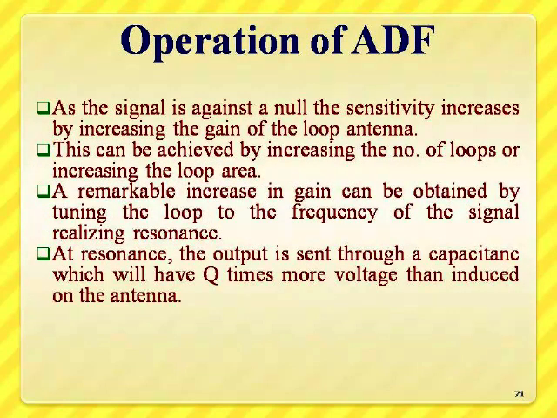This can be achieved by increasing the number of loops or increasing the loop area. A remarkable increase in gain can be obtained by tuning the loop to the frequency of the signal, realizing a resonance. At resonance, the output is sent through a capacitance which will have Q times more voltage than induced on the antenna.